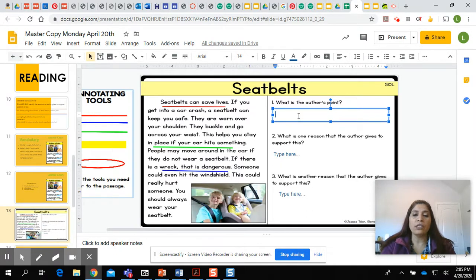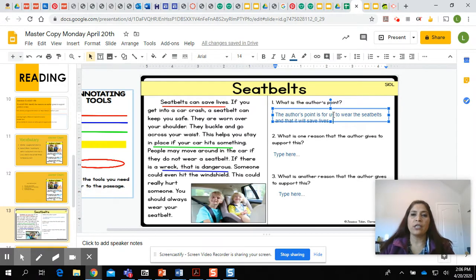The author's point is for us to wear the seatbelts, and that it will save lives.